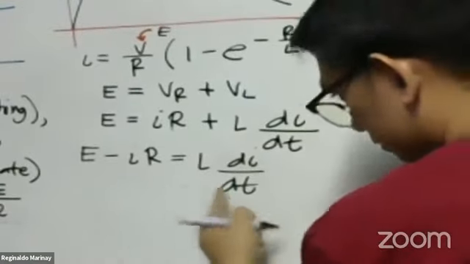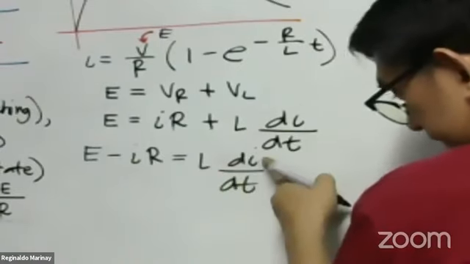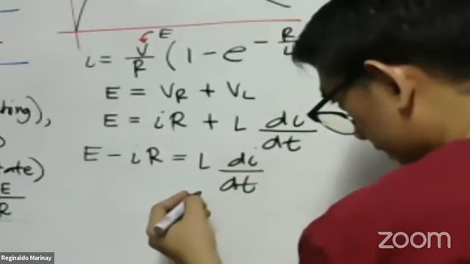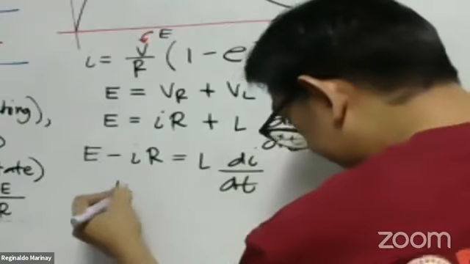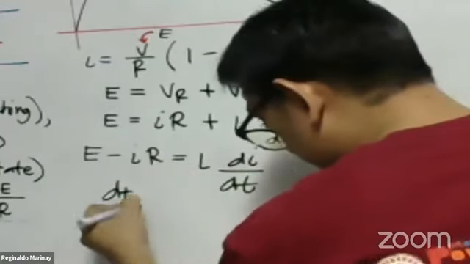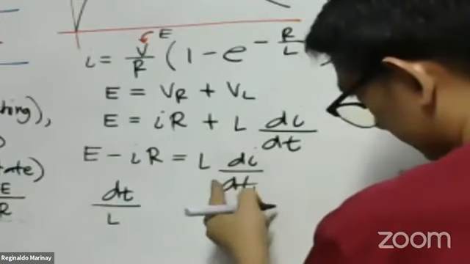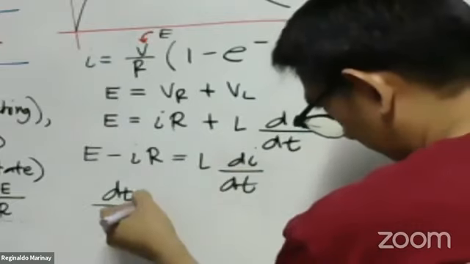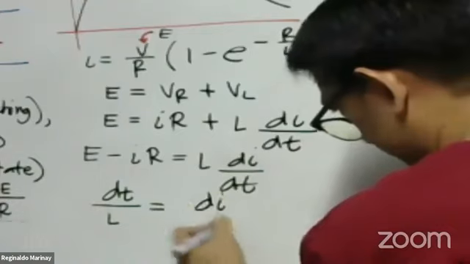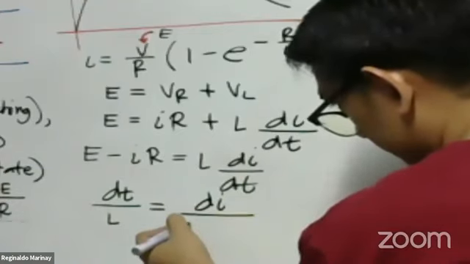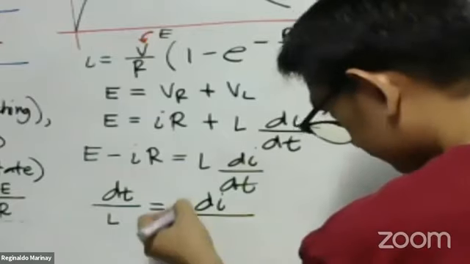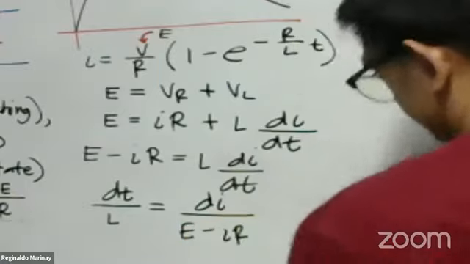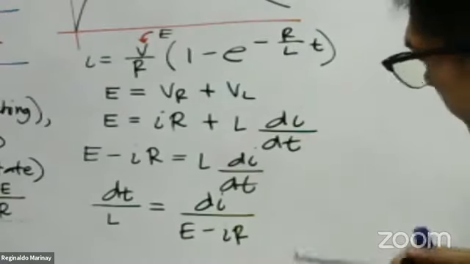By variable separable, we have di, there is I here, and dt over L. Cross multiply this dt and the L. What is our di equal to? di over E minus IR. Let me rearrange this.